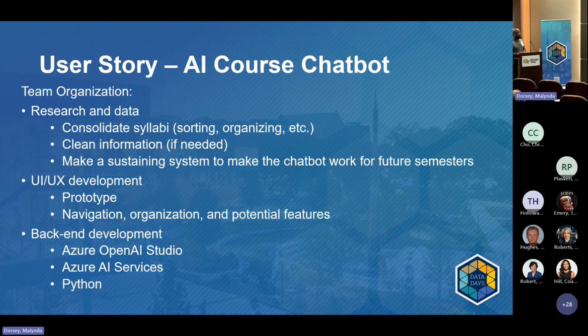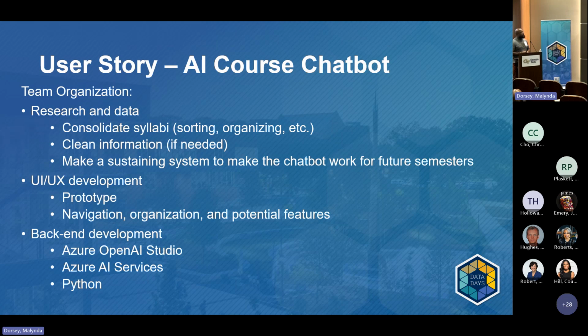They've organized themselves really well, and I like how they've gone about it. You have one team that's purely focused on doing research and data acquisition, and because we have faculty in our class, they've been nice enough to offer up some of their syllabi to get this started. And we're thinking that maybe this can be an opt-in approach where it's not like we're going to go out and grab everything.